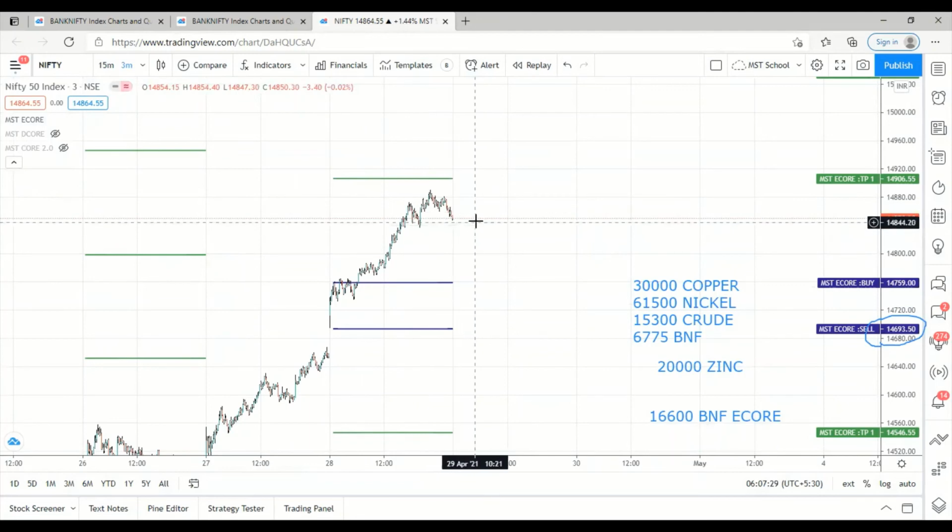If we had closed at 3:15, we would have got a profit of almost 200 points in Nifty. For 100 points it is 7,500 rupees, and for 200 points it is 15,000 rupees profit in Nifty.